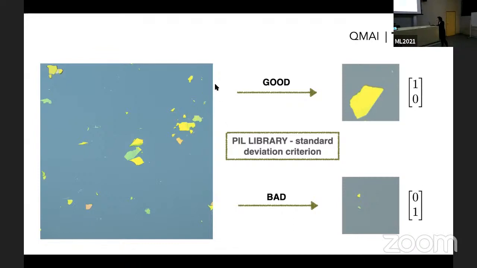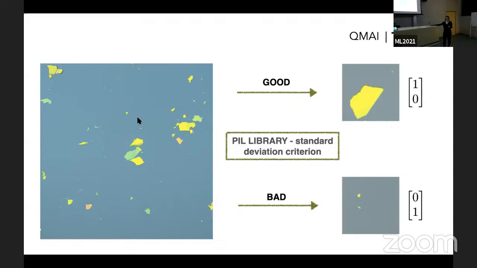How do you choose the multiple flakes when there are a few on the square? This is an absolutely wonderful question. I'm going to show you this later in detail, but basically we are building software for the experimentalists to use.